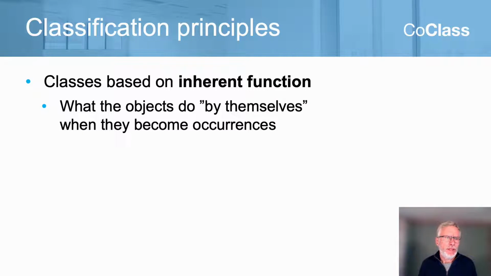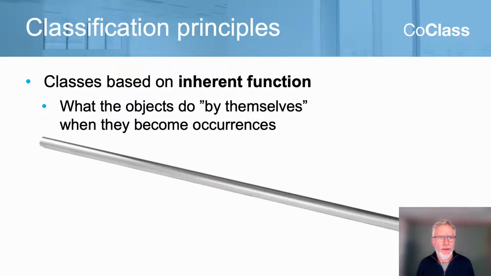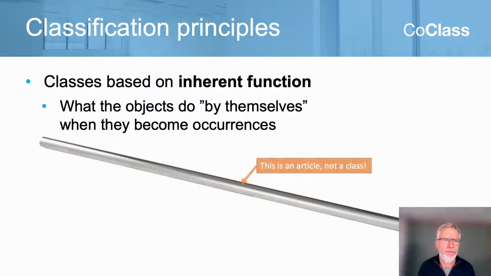So the classification principle, I talked about function, and actually it's described or defined as an inherent function, what the objects do by themselves when they become occurrences. When things are used, they can be classified. Here we have a product, a pipe, and a pipe can be used for many things.